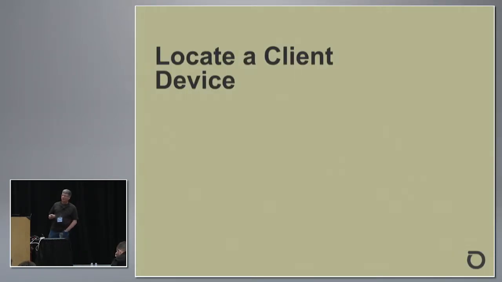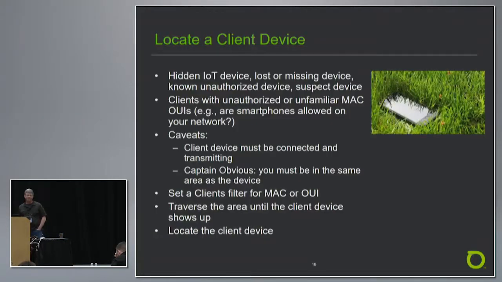So just like you can locate access points, you can also locate client devices with this. So if there's an IoT device out there that you need to find, or a lost or missing device, a device that's unauthorized, or perhaps you're in a controlled environment where only certain types of devices are allowed.